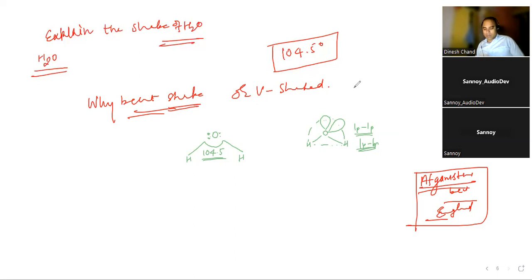Can you please tell me the hybridization and geometry of the water molecule? Geometry, do you know? Number of electron pairs. The molecule type is AB2E2.